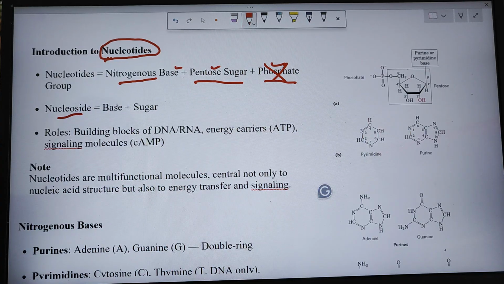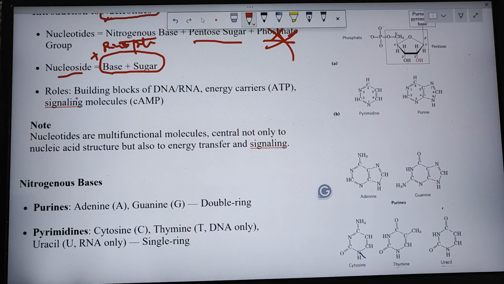So a nucleoside is a nitrogenous base plus sugar. Got it? In other words, nucleotides are nucleoside plus phosphate. So nucleoside plus phosphate makes the nucleotide, and the nucleotide lacking the phosphate group is called the nucleoside.